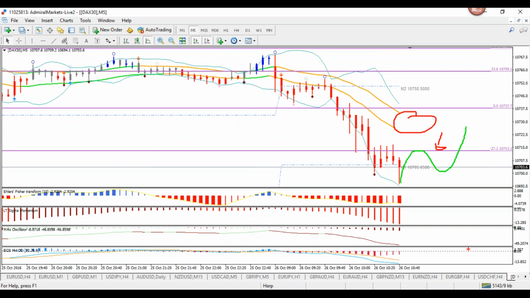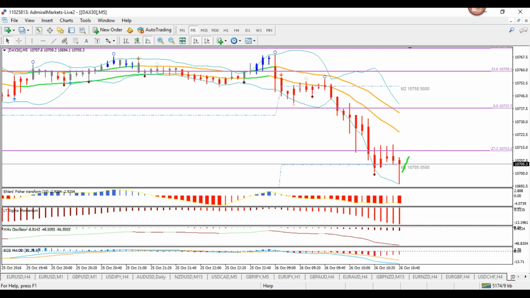Do you see that? That 1-minute setup would turn into a loss if it's not filtered out, because it's a bigger 5-minute correction. So you would see the move down, then the move up again, and then maybe down.